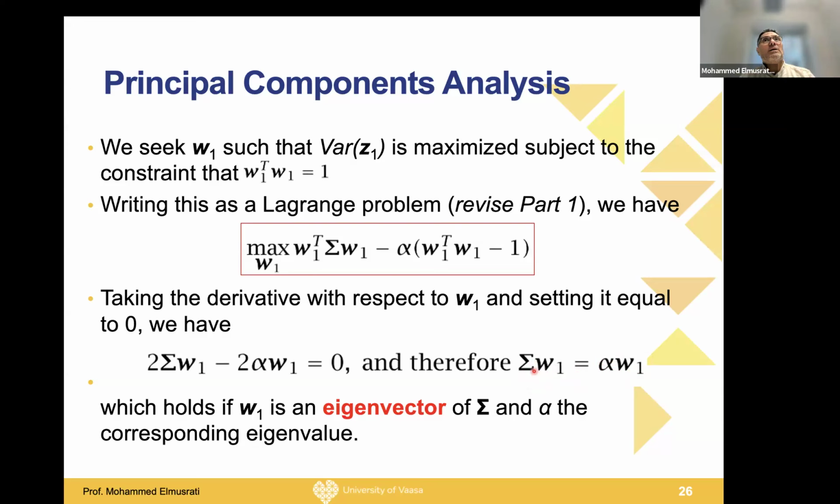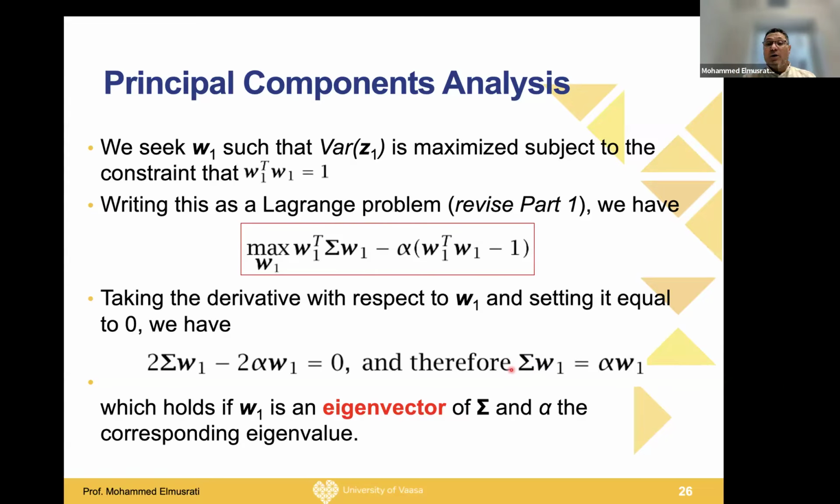If you have a matrix of dimension d by d, as in the case of patients, where I have 1,000 patients and 50 dimensions, Z here will be 50 by 50. That means you will have 50 eigenvalues and 50 eigenvectors. And because this covariance matrix is symmetric, all these eigenvectors will be orthogonal to each other.